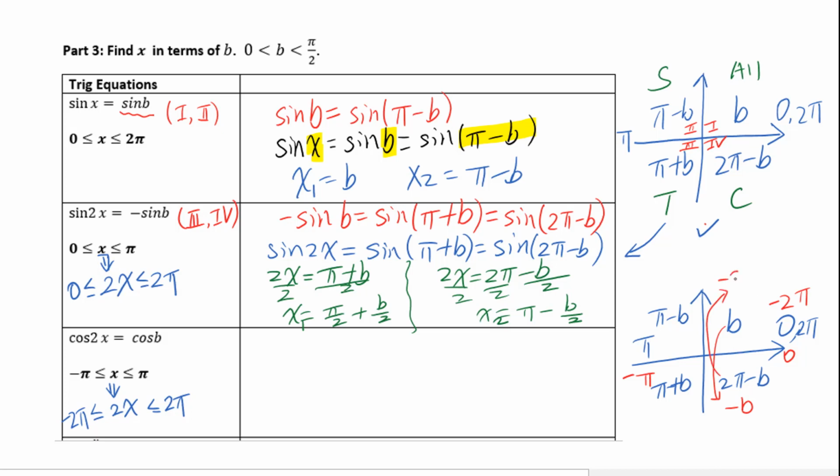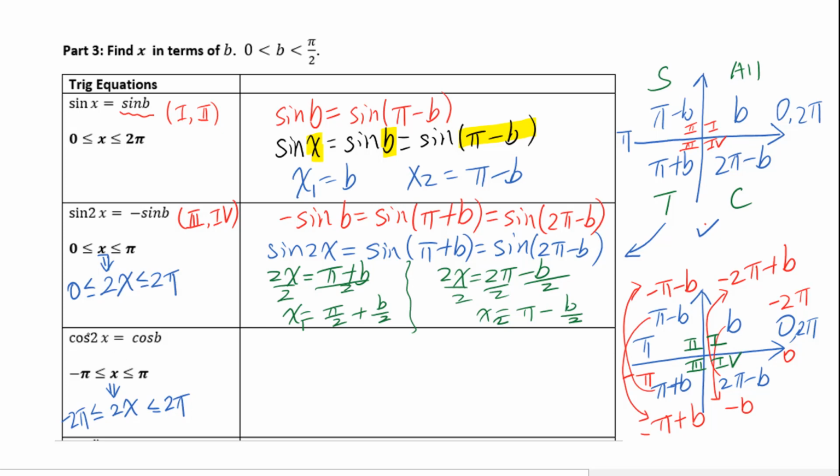You will get negative 2 pi plus b. Here, opposite, negative pi plus b. This opposite will be negative pi minus b. We know this is the first, second, third, and then the fourth quadrant.